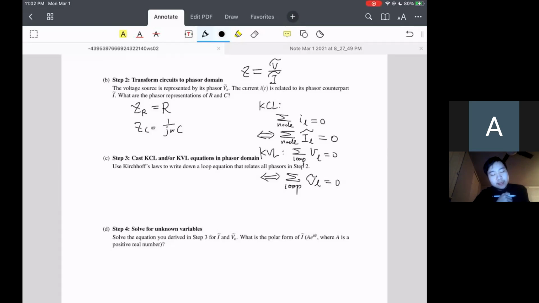Okay, so our third step involves casting KCL and/or KVL equations in phasor domain. So in general, since phasors are linear, KCL can be turned into phasor domain.